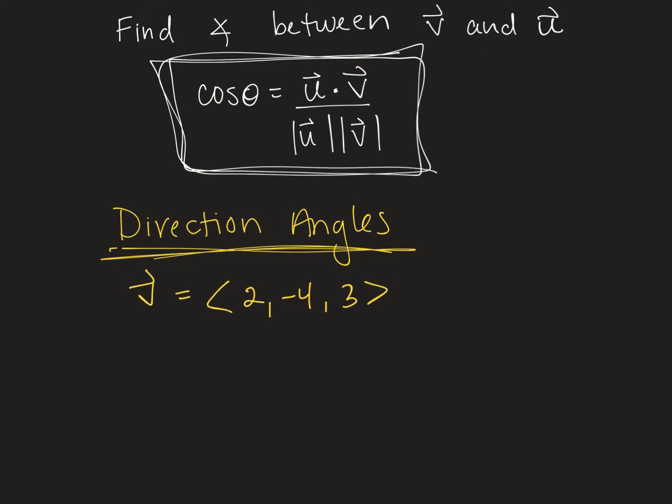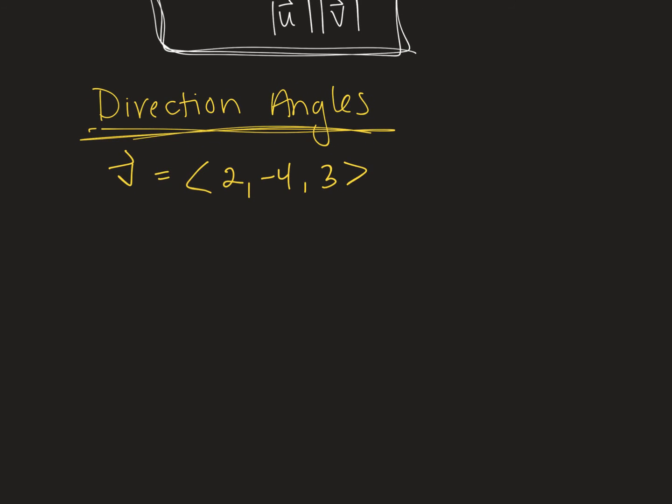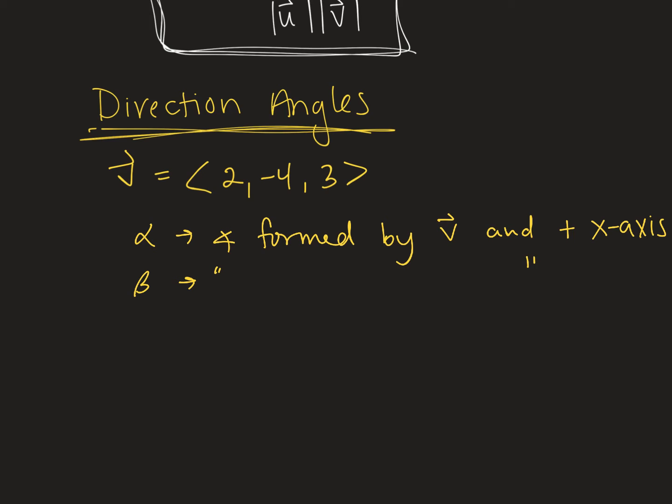It has alpha, which is the angle formed by the vector and the positive x-axis. Beta is the same thing, but the positive y-axis. And gamma, same thing, but we're finding the angle between that and the positive z-axis.